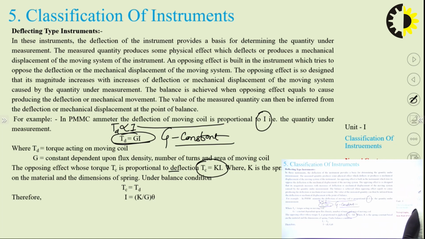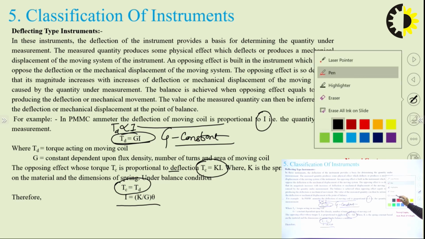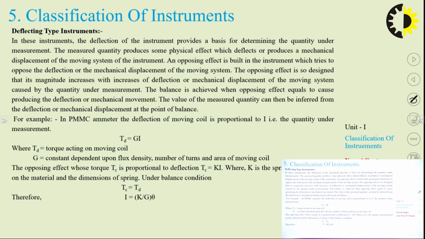This coil is governed with the help of a spring, which controls the deflection. As there is a deflection, the spring will try to regain its position, and when these two torques are balanced, the needle stops at a particular point on the scale. When TC becomes equal to TD, the counterbalancing torques are there. In this case, if we put in the values, we calculate I equals K by G theta. So, that is the concept of deflecting type instruments.